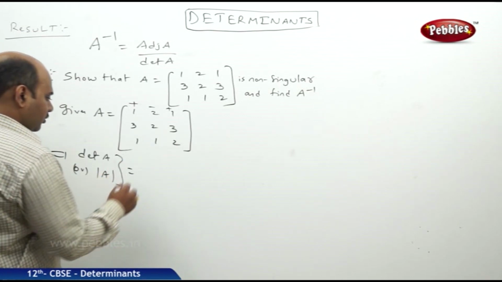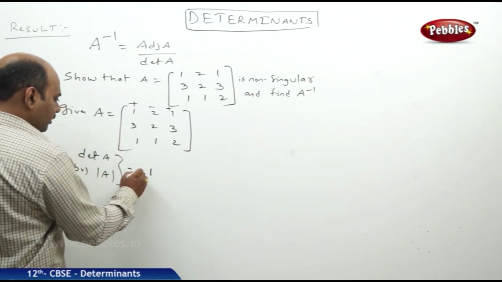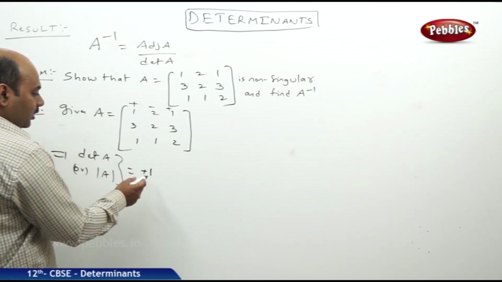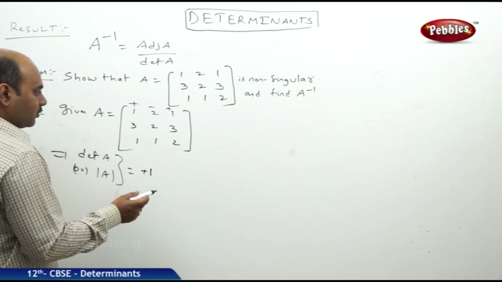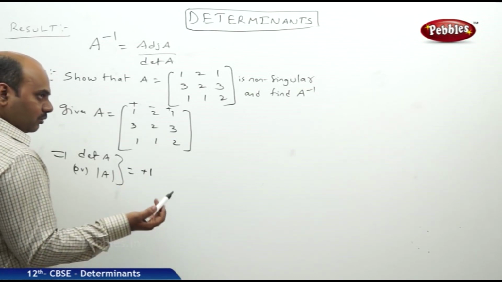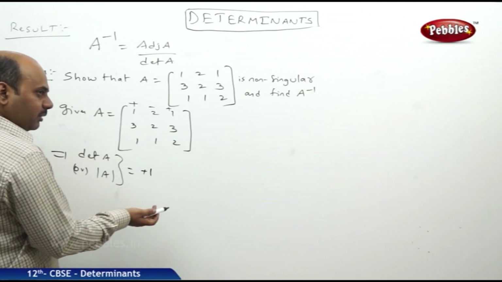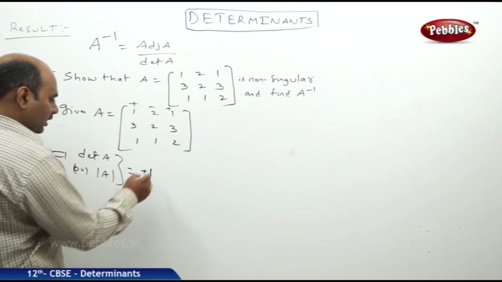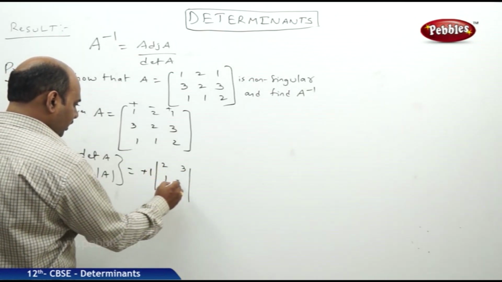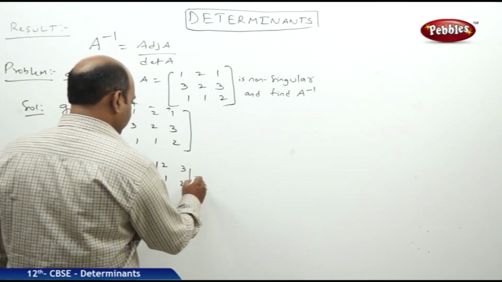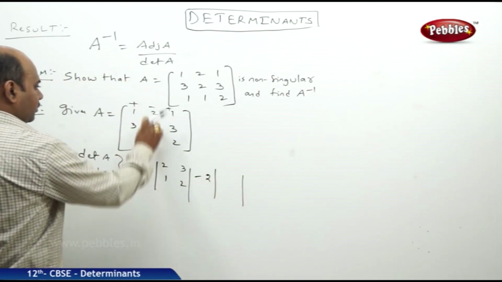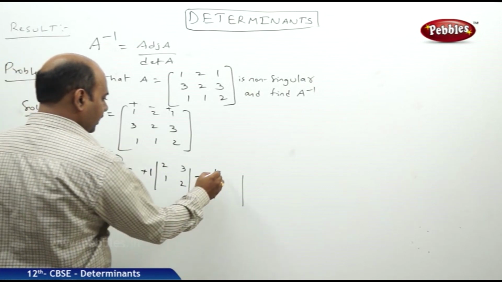So I am going by the first row, and here 1, so I keep plus 1. This plus comes because I need to write minus 1 to the power 1 plus 1, which is minus 1 whole square, so it is plus. So plus 1 into its minor, which is 2 3 1 2, and here minus 2 into its minor.